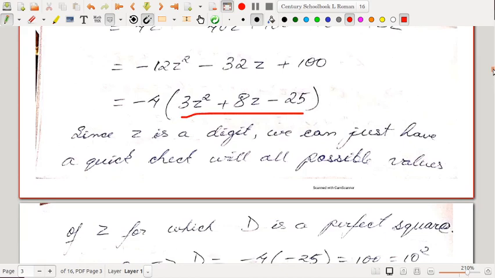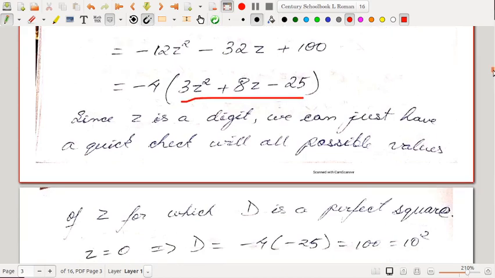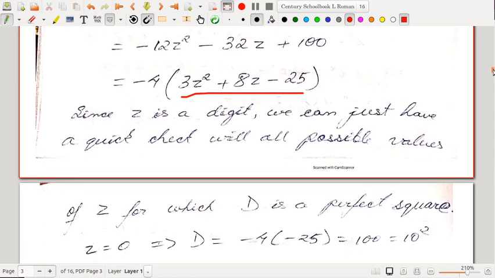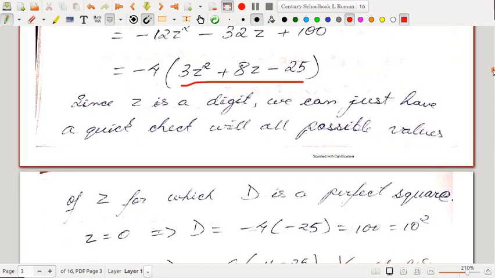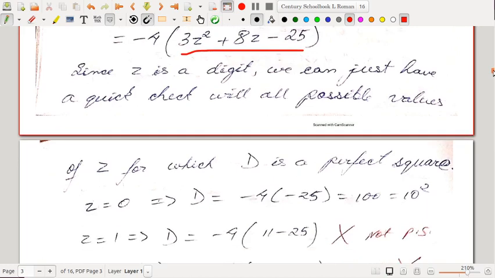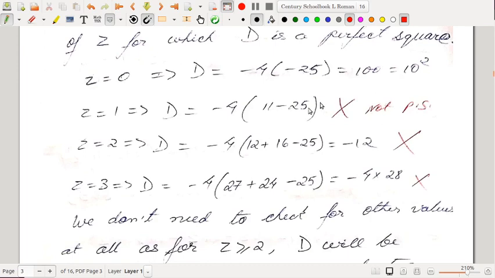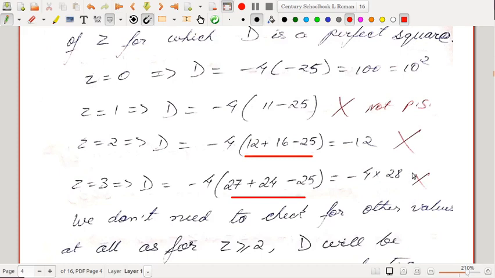Since z is a digit, we can just put the values of z and check for which values it is a perfect square. Let us start with z equal to 0. For z equal to 0, we have d equal to 100. 100 is 10 square, it's a perfect square. For z equal to 1, it's minus 4 into this, it's not a perfect square. For z equal to 2 onwards, you will see that the expression for d is coming out to be negative.